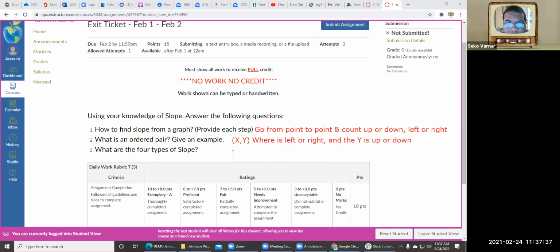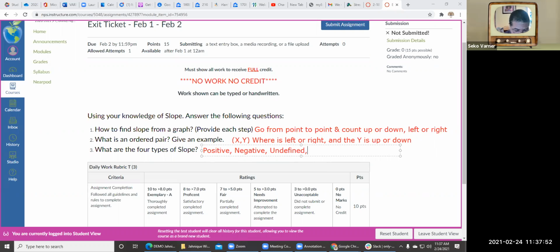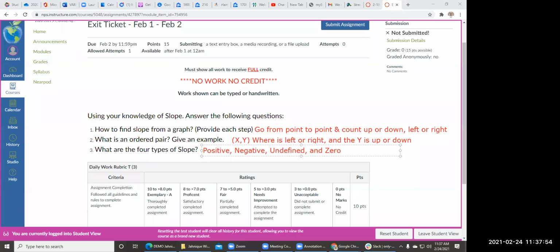All right, good, good. And what are the 4 types of slopes? Positive, negative, undefined, and 0.